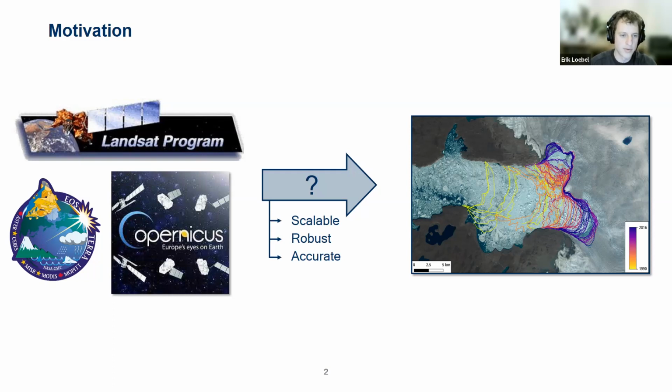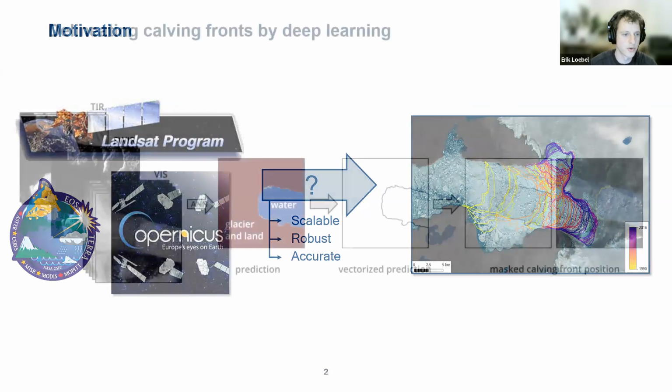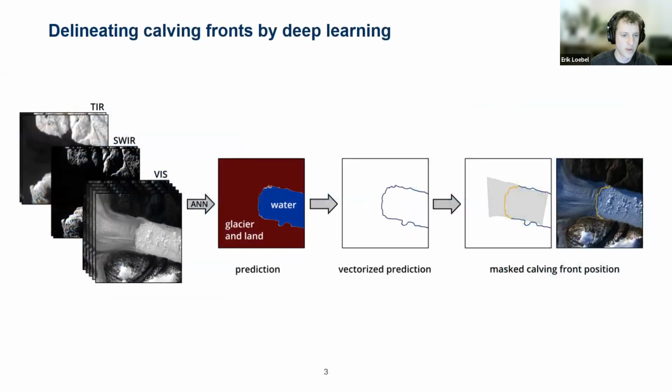And this is basically where our research starts. We create tools, methods, and data products for the glaciology community to work with. So let me show you how we try to achieve this.